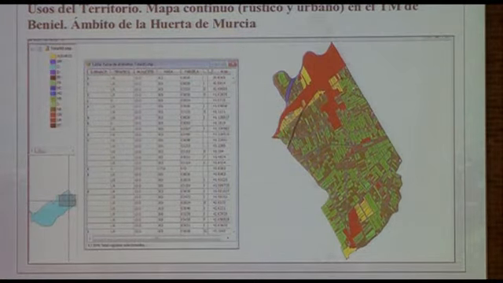Here we have another municipality, Beniel. You see the map with the different layers. You see the culture, the crops, the disseminated houses, the buildings. You have also in yellow lands that are not yet occupied. They have not been developed, those areas.